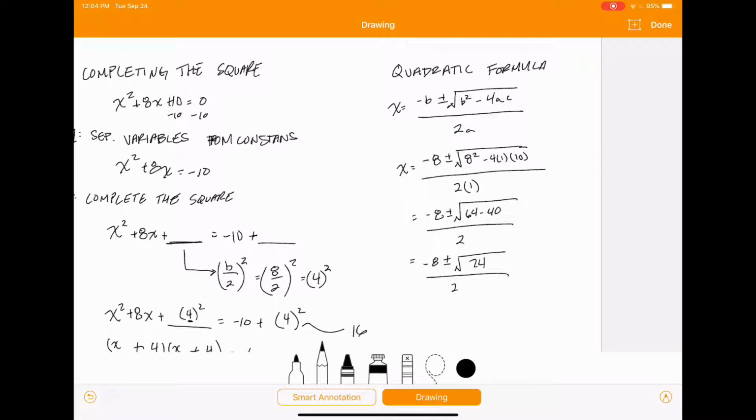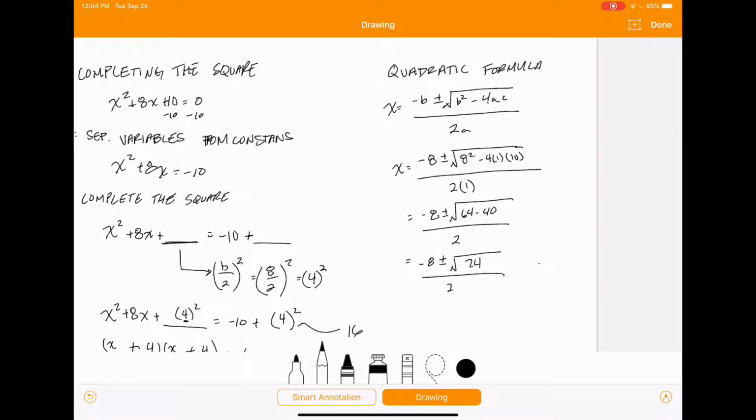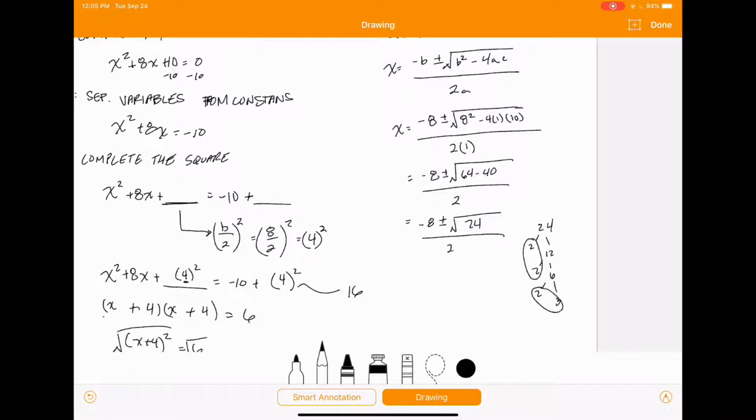Now we can simplify the square root of 24 by running a prime factorization. So 2 times 12, 2 times 6, 2 times 3. As we can see, there are two 2's, so we can pull a 2 out, and we'll be left with 2 times 3 in the square root.